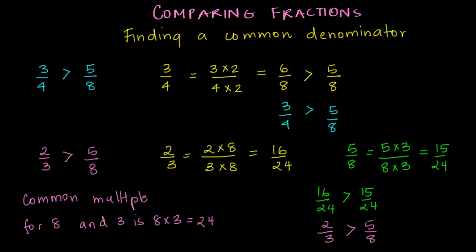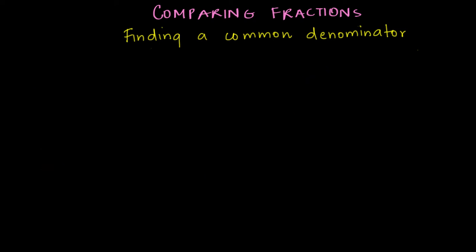So let's take another example to illustrate this method of finding a common denominator. Let me get rid of this, and let's take an example of 7/18 and 11/24.